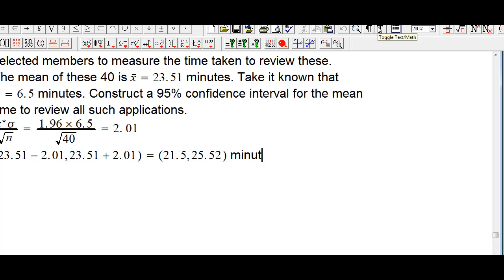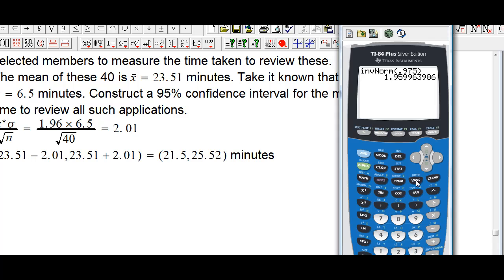All right, and if you wanted, you can do the same thing using the summary statistics by doing what? Go to stat and then you go to tests, right? And what do you need? A Z interval. Now here, do we have the raw data? We don't, so that's okay. We got the summary stats, right? So we'll say I have the summary stats.